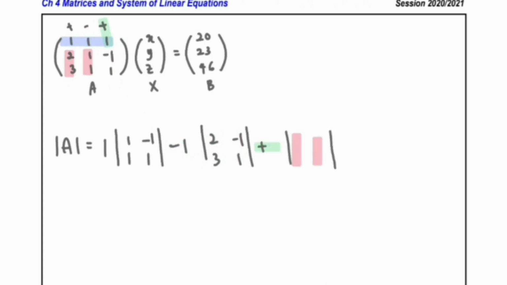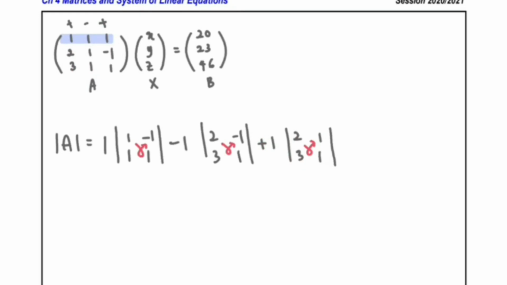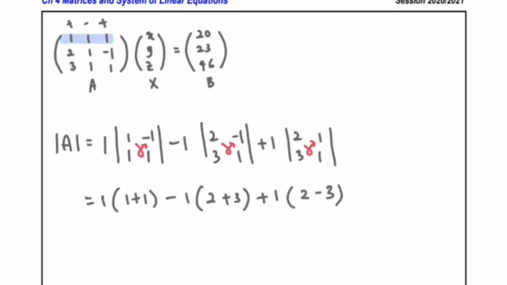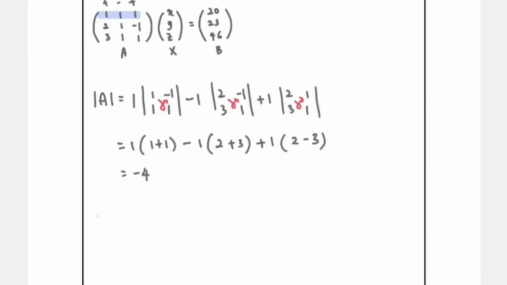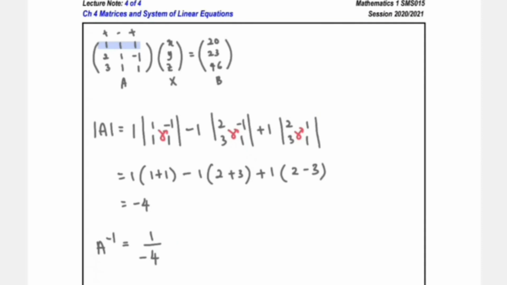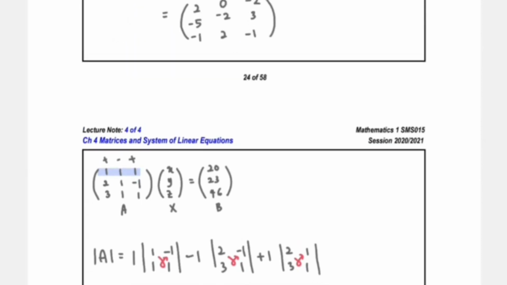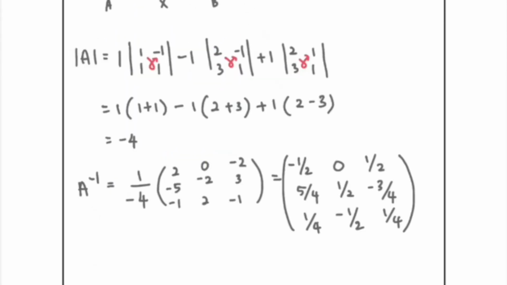Lastly, plus 1 times the minor with 2, 1, 3, 1. Simplify and you get the determinant is negative 4. The formula to find A inverse equals 1 over determinant, which is 1 over negative 4, times adjoint matrix, which is this, and we have this.